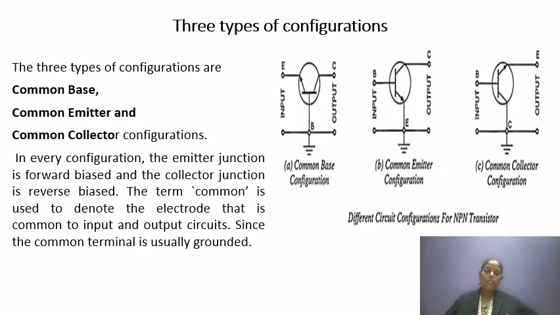So in this case, if both the things are in the reverse bias, the current will not flow in that circuit. Okay. So based upon the NPN transistor and PNP transistor, we can classify the transistor into 3 types.